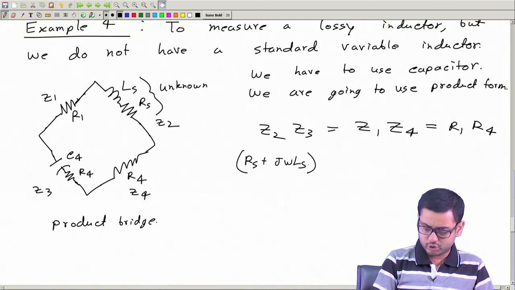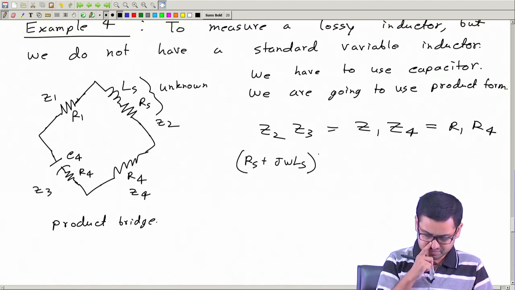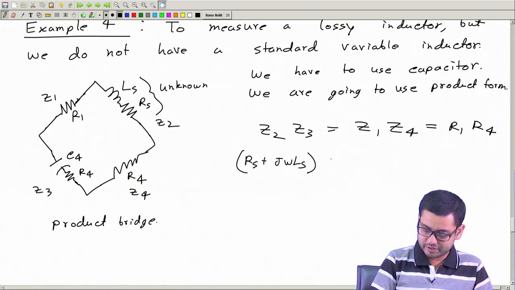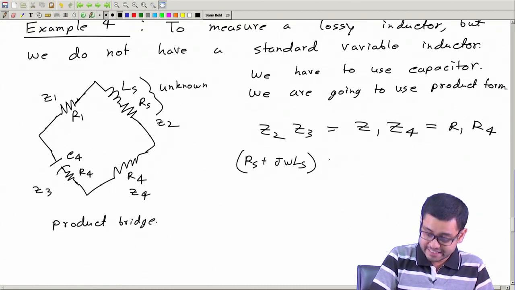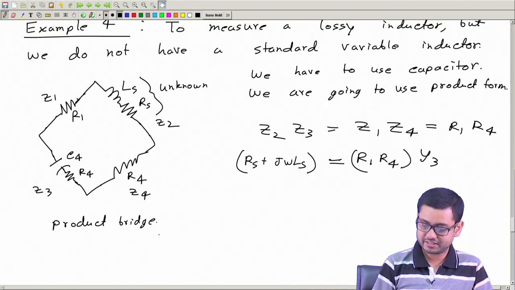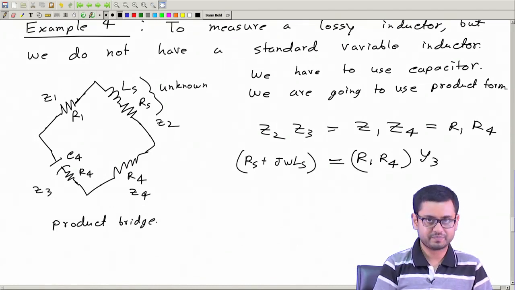I may do it in this way, but another point I will mention is that it will be easier if I write it this way, multiplied by Y3. Y3 is 1 over Z3, the admittance of this branch.